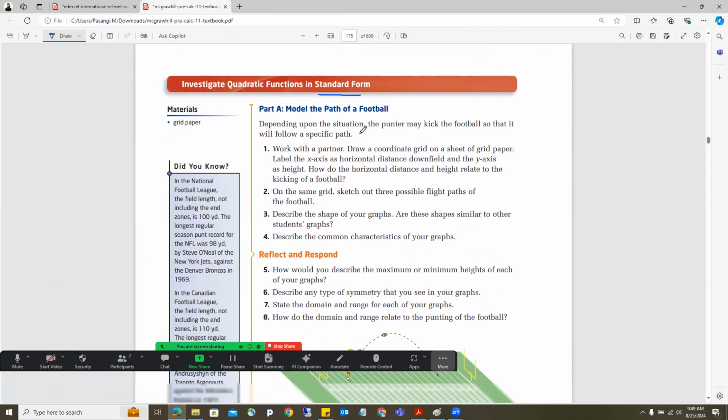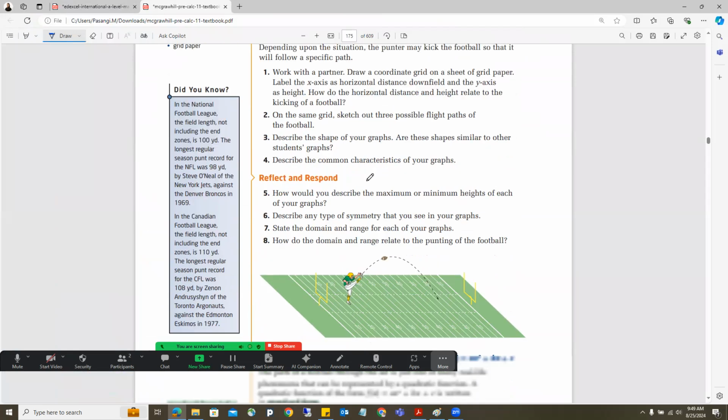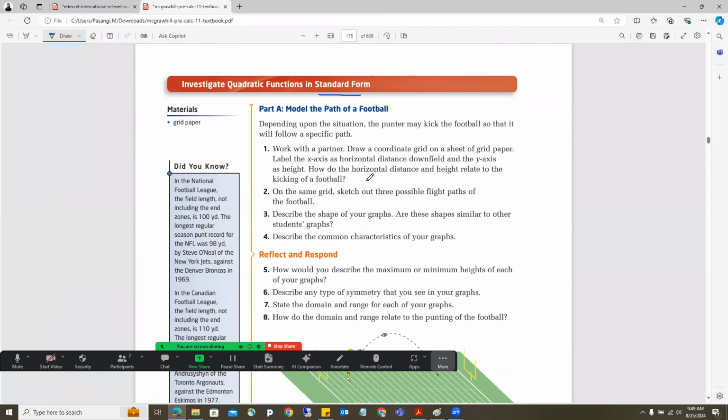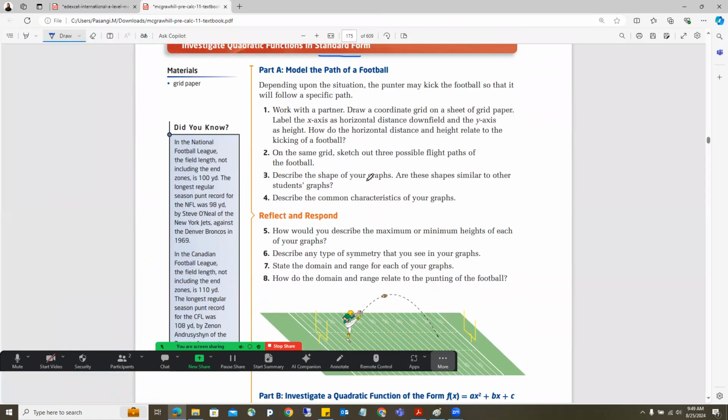When it comes to standard form, what do you think? Can you tell me the standard form of a quadratic equation? I think you already know the equation. ax squared plus bx plus c. Yes.